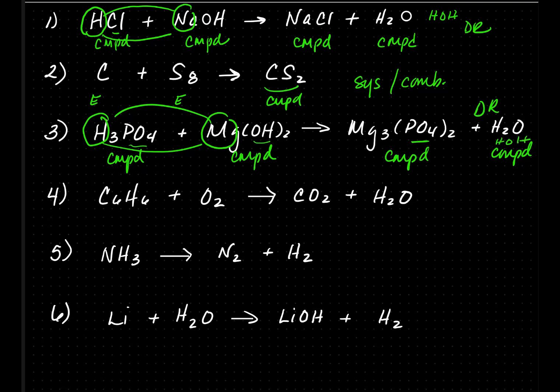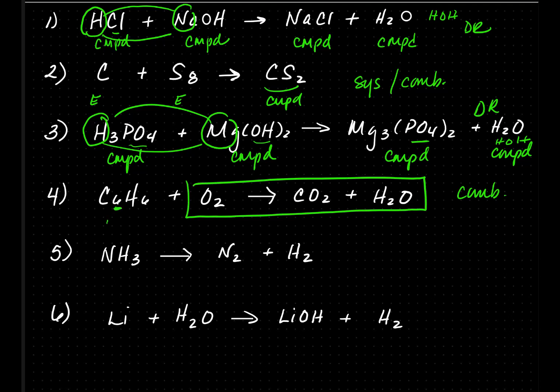Number 4, this is a combustion. O2 produces CO2, H2O. This is the hydrocarbon. This is the CxHy. It could be any subscript. Number 5, this is decomposition. Start with one big compound here and ended up with two elements.